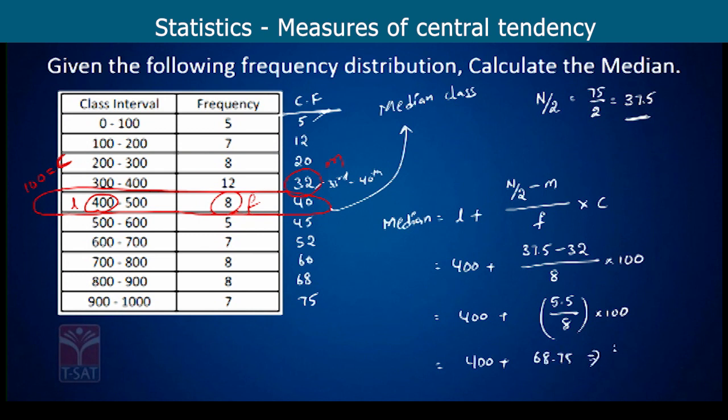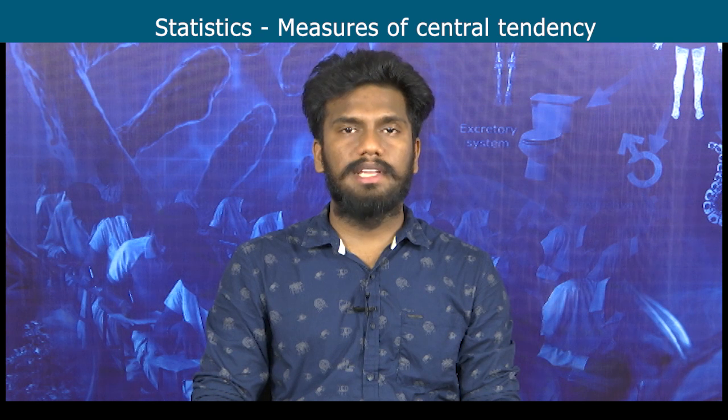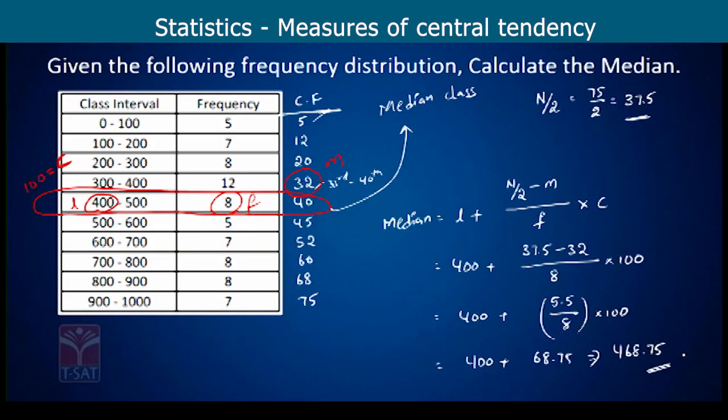Now our median is 468.75 for this data. That's how we calculate the median when class intervals are given. You have to remember the formula, which is very important: L plus (n by 2 minus m) by f into c.